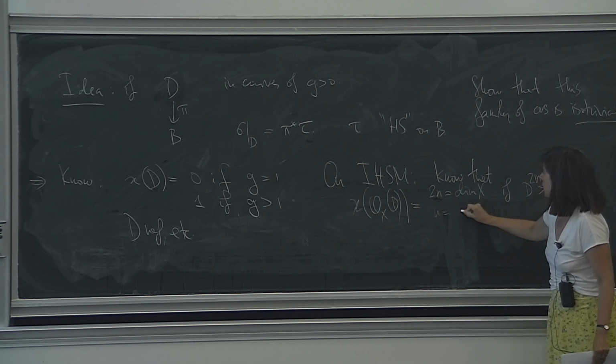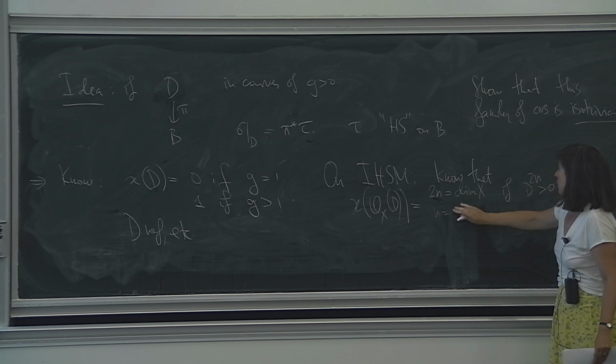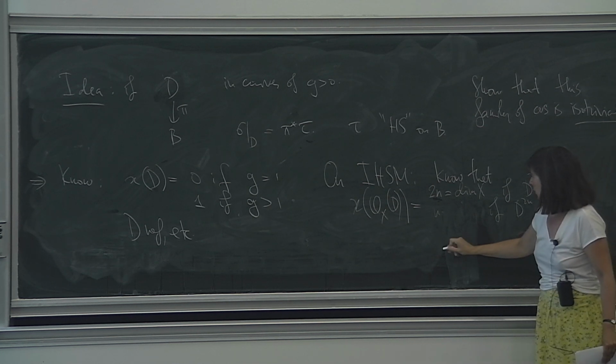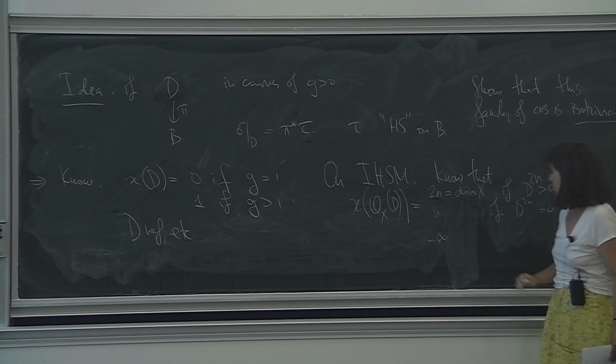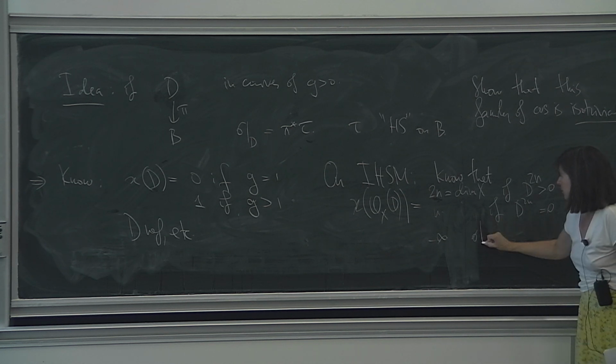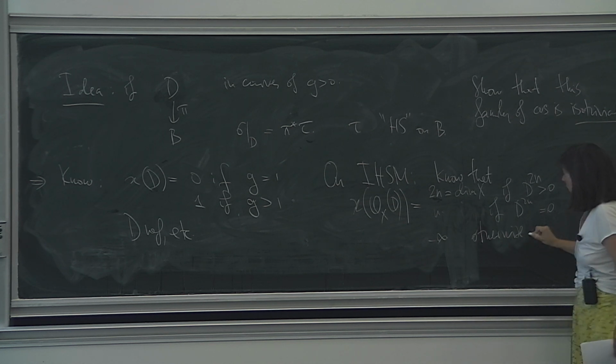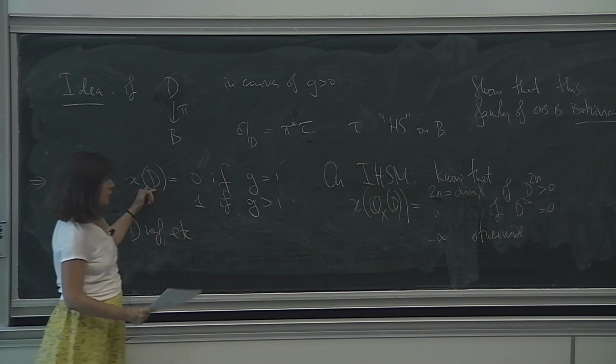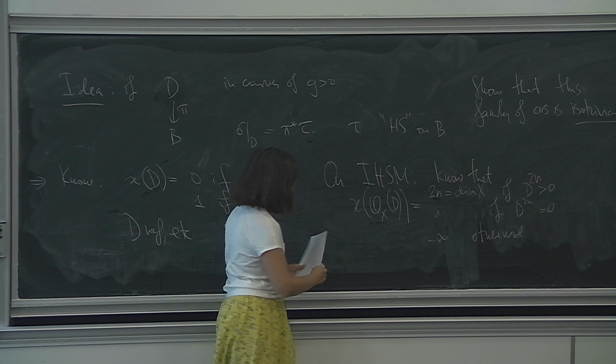Well, and 0 if D^{2n} is 0, and minus infinity otherwise. So in fact, the Kodaira dimension of D is this minus 1, right?